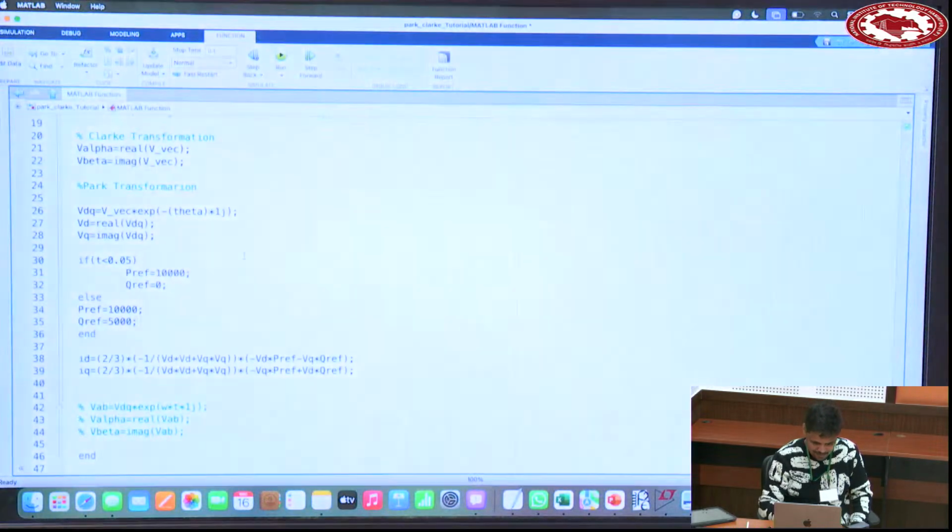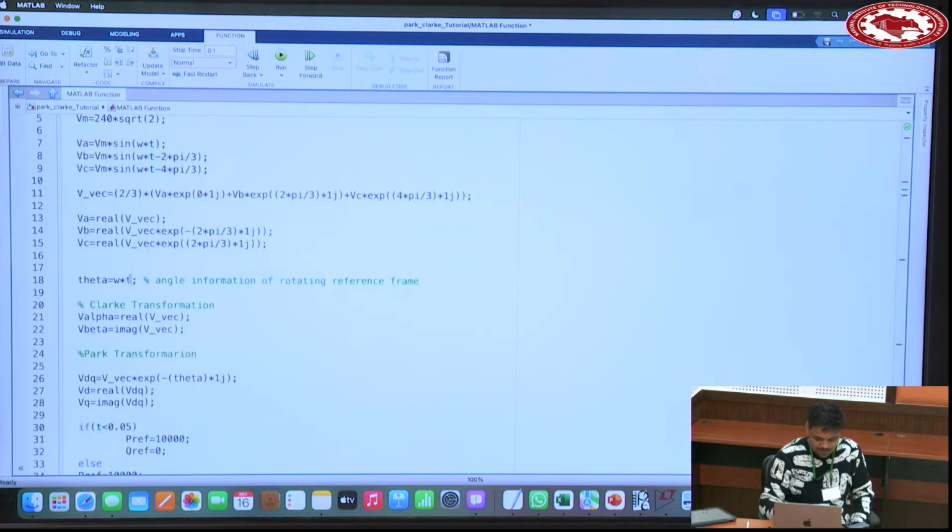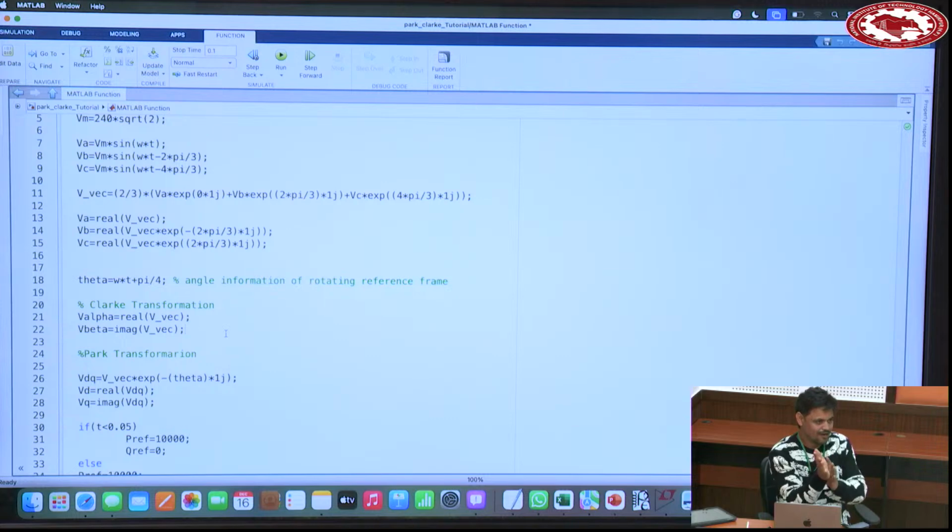Since we have done this much, let's do one more. But I told you that this decoupling is only possible when you are making one component 0. Suppose this is pi by 4. You have aligned your reference frame at 45 degrees. Vd is going to be there, Vq is going to be there.